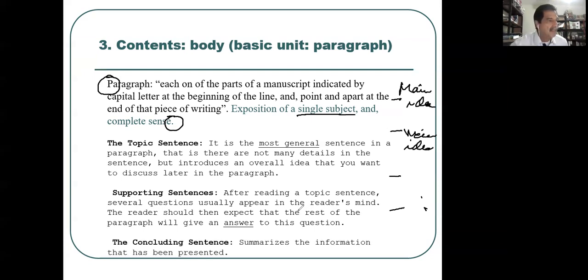And finally, Mr. Valles. The concluding sentence summarizes the information that has been presented. Okay, so those are the three parts of a paragraph. Topic, very general, the details, and concluding.